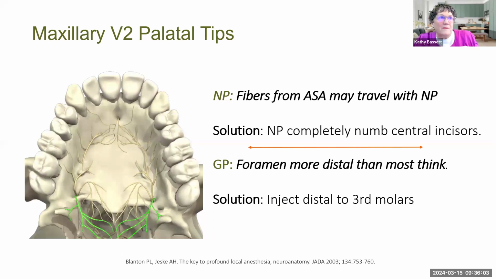A tip to keep in mind for palatal anatomy variations is that fibers from the anterior superior alveolar nerve frequently travel right along with the nasopalatine. So for many people, when you give a nasopalatine, you will also get some anesthesia of the incisors. And with some technique variation, you can actually capture both of those simultaneously for profound anesthesia to the incisors from a palatal approach.